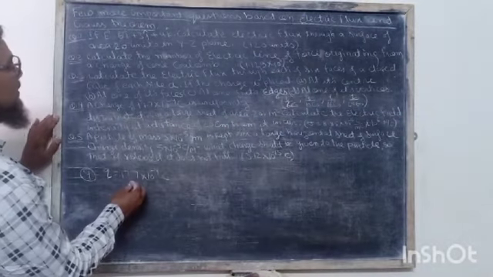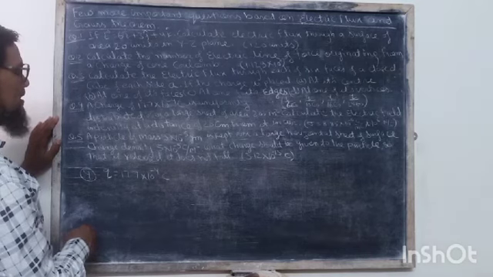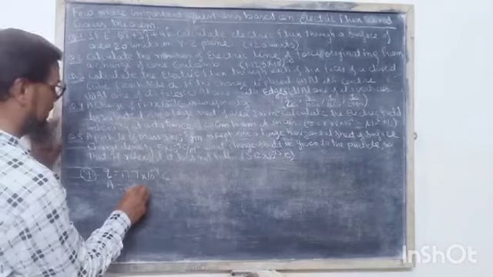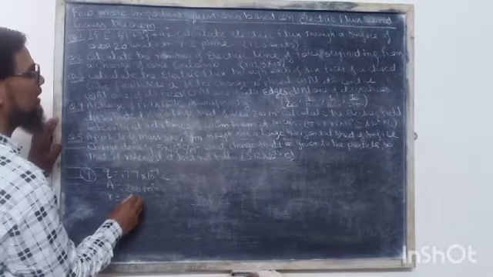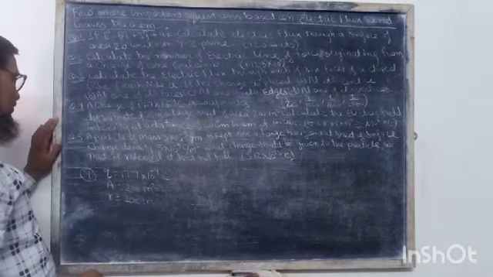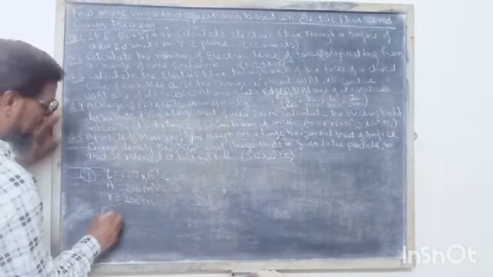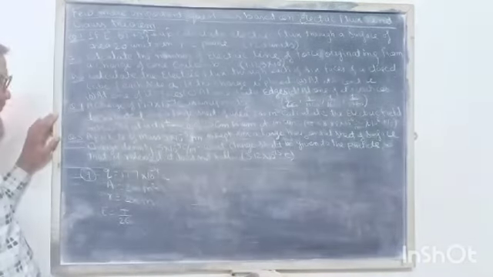So first of all, Q is equal to 17.7 into 10 to the power minus 4, the area is 200 meter square and a distance R of 20 centimeter is given. We know that for the sheet, E is equal to sigma upon 2 epsilon naught.